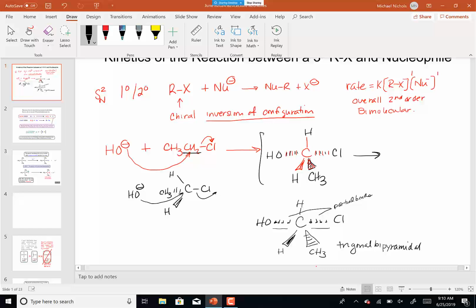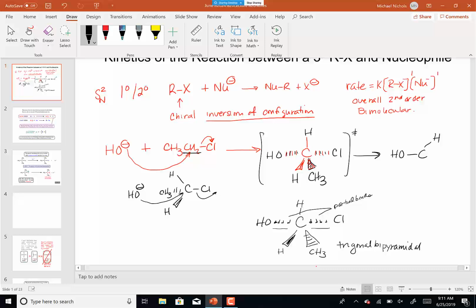So this is the transition state. That's the high energy species. What I'm missing here, though, are the charges. So let's write the products on the other side. On the other side, the hydroxide is going to be attached to the carbon.